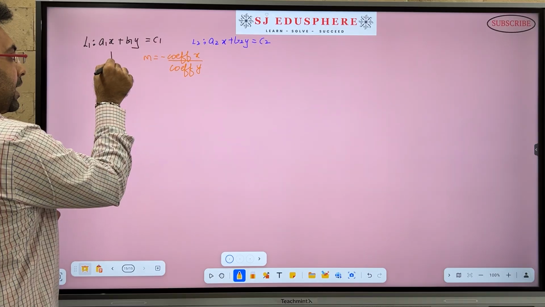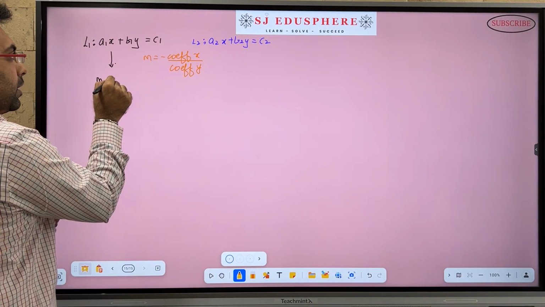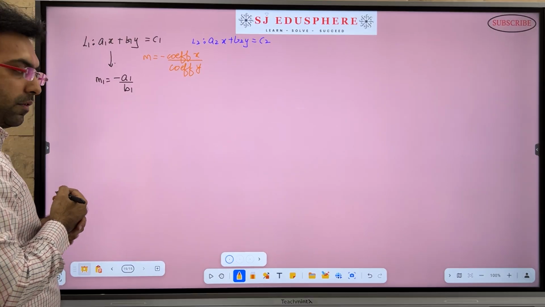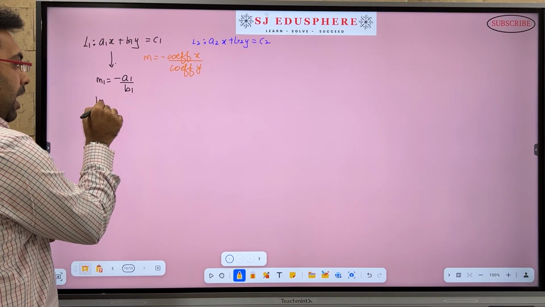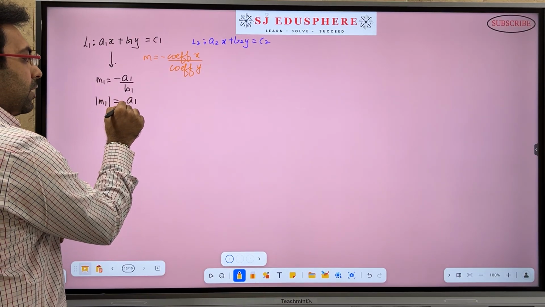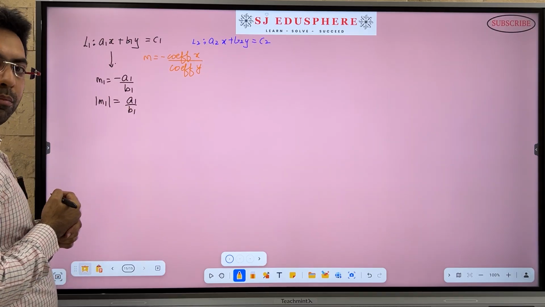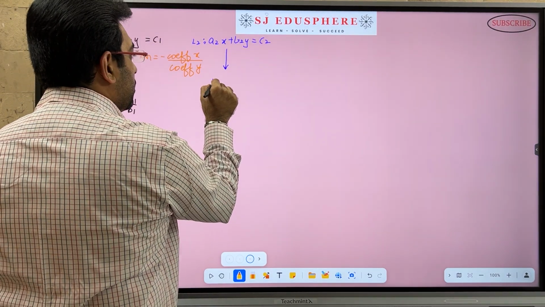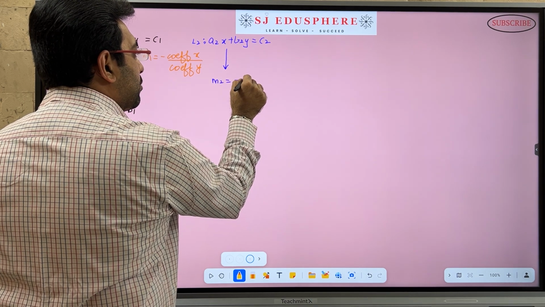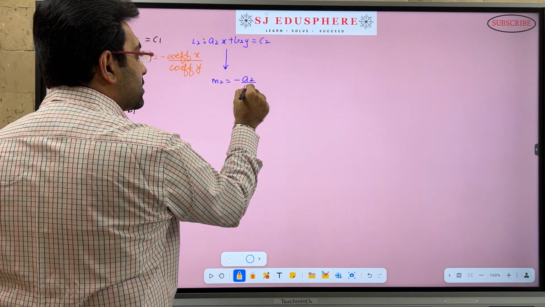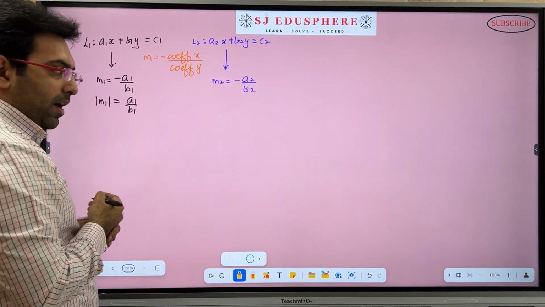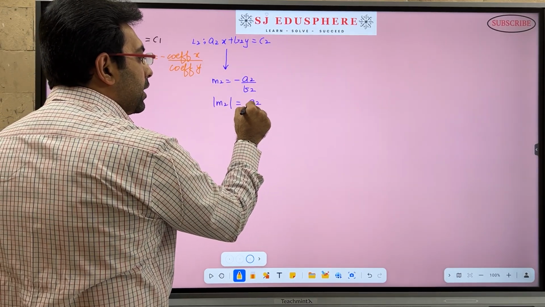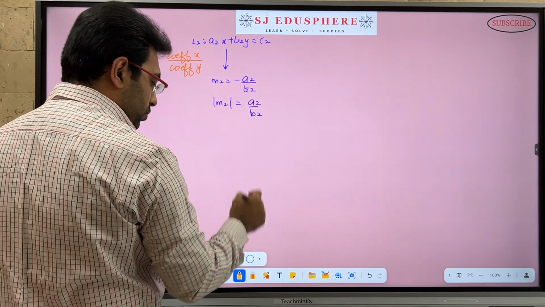So in this case, my slope is minus coefficient of x upon coefficient of y, and modulus of m1 is a1 upon b1. Similarly here, slope is minus coefficient of x upon coefficient of y, and my modulus of m2 is a2 upon b2.